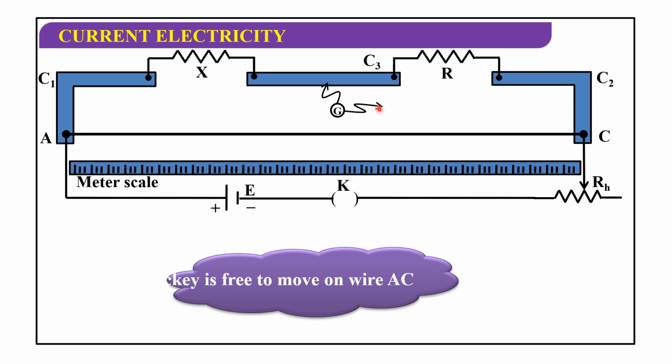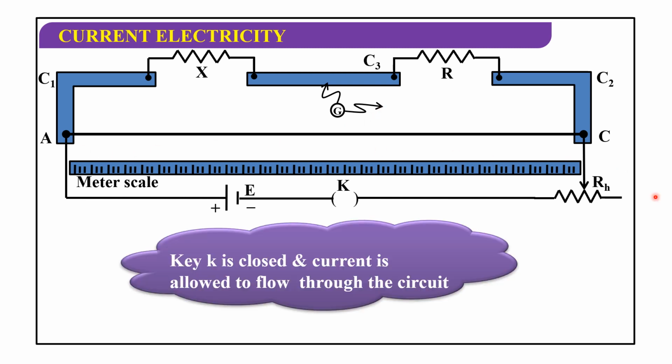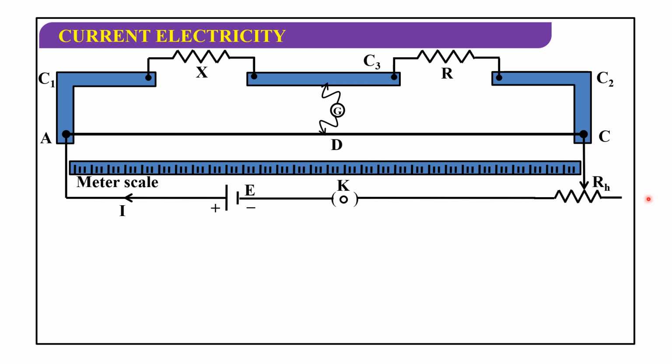This is called the jockey and it can be touched on any part of AC. When the key is closed and current is allowed to flow through the circuit, see the current is flowing, current I.